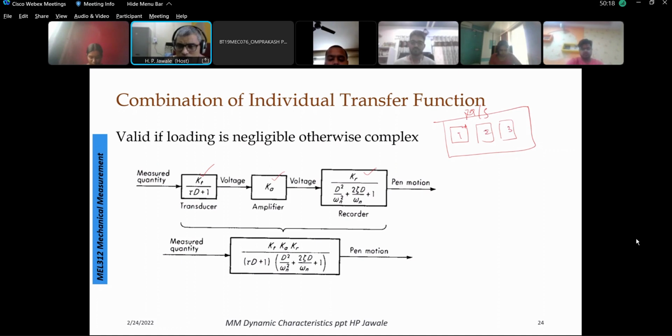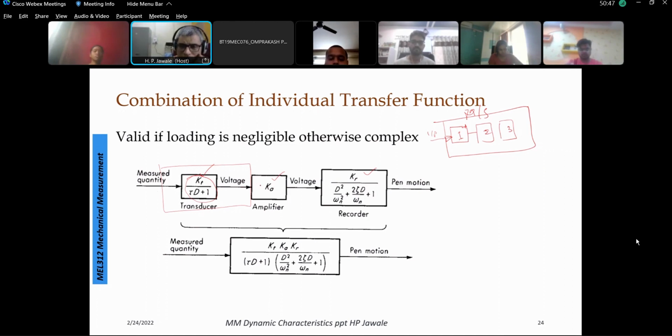If I consider the first as the very first stage, its transfer function can be given in some mathematical formulation. The input given to the transducer and the output given by the transducer are related by this transfer function. Coming to the next one, the amplifier is the second stage.